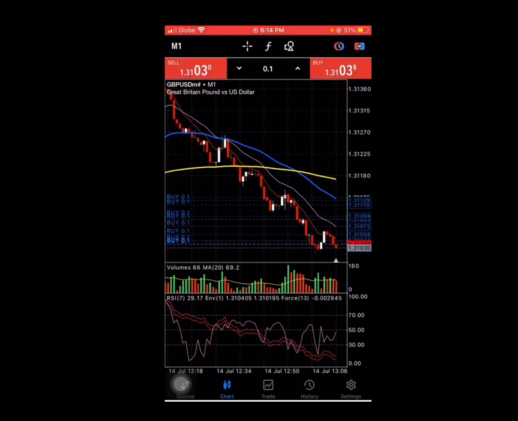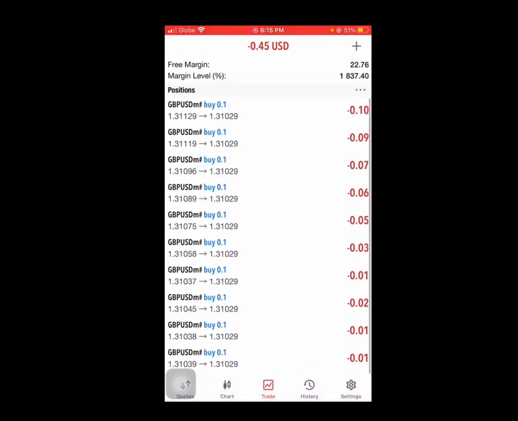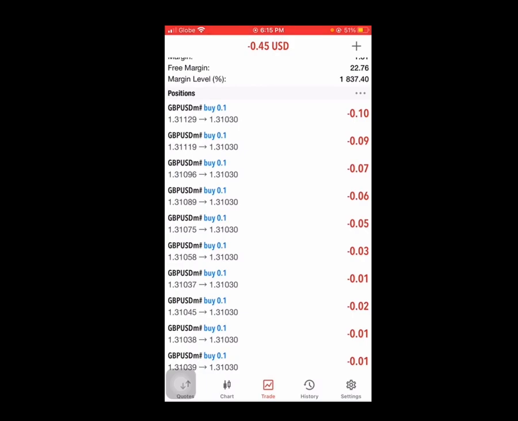We don't put any stop loss at all. We manage our trade. That's one thing to remember. If you have a stop loss, we already wipe out our entire account.